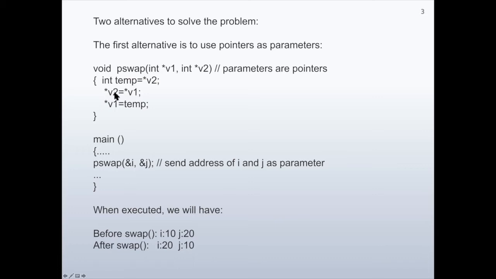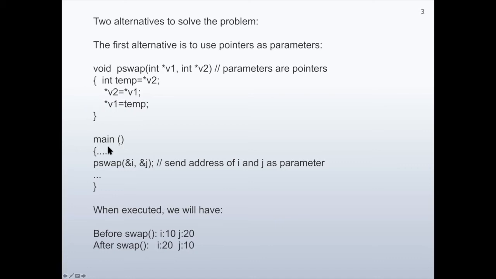And here, the item pointed by v2 is set by the value of the item pointed by v1. And then we are setting the value of the item pointed by v1 as temp. This is for the swap operation.